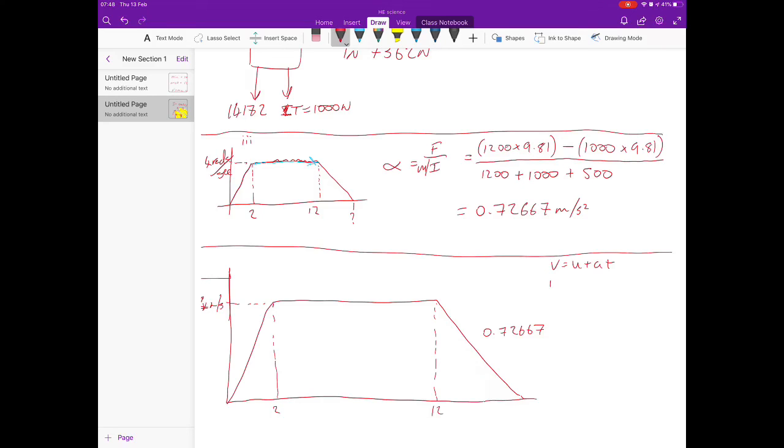Therefore T, the time, is going to be equal to V minus U over a, which equals 4 over 0.726667, 5.5 seconds, which takes us to 17.